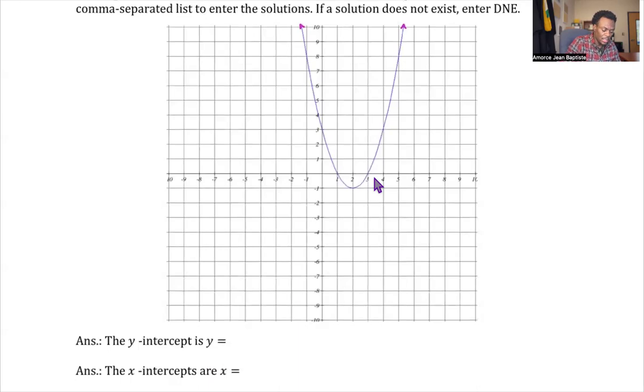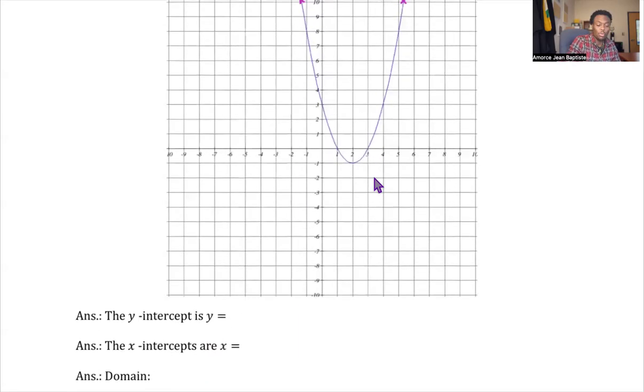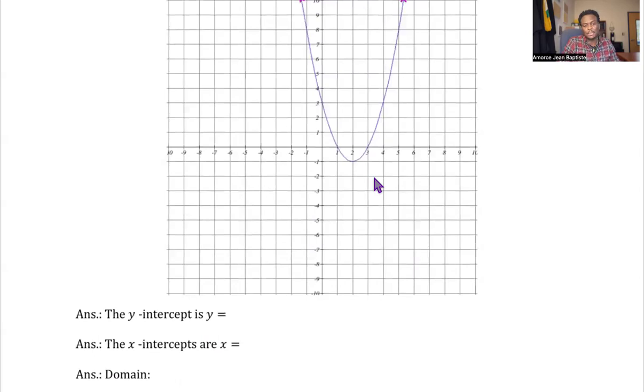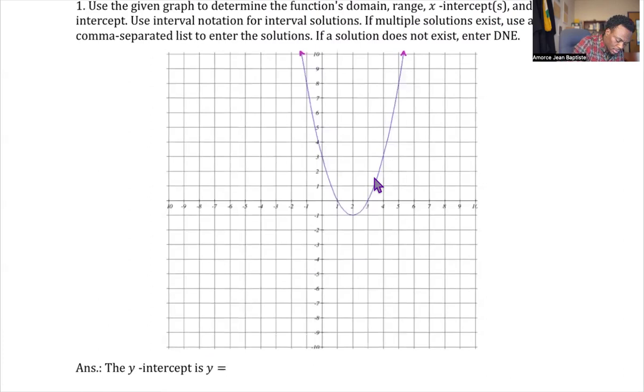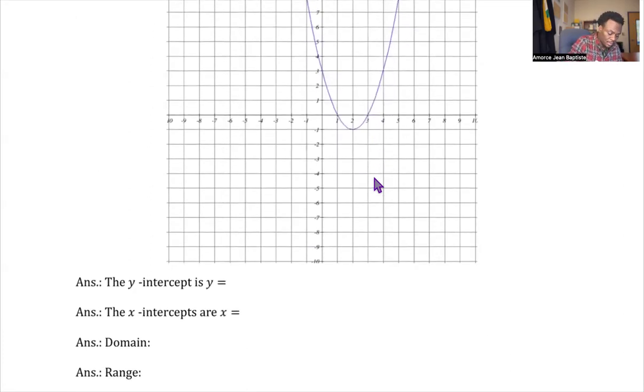So let's start with the x-intercept and the y-intercept, since that's the first question we want to ask. So two things that we want to determine. We're going to determine the y value at which we can see an x-intercept. The intercept is always an ordered pair, because you see how every element in this grid can be seen as an ordered pair. There's an x component and a y component.